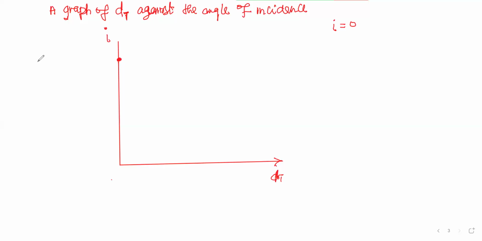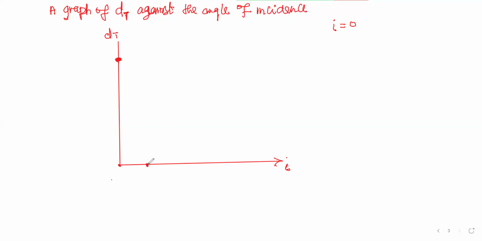Oh, hold on, I think I've rather interchanged this. The total against I. When I is 0 over here, this is a point where I is 0. We have the maximum deviation within the prism.